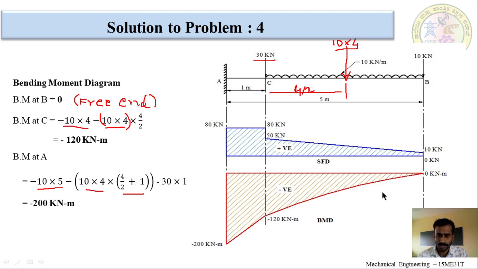So, first mark all the points, then join. As there is a UDL between B to C, it should be joined with a parabolic curve. It is a parabolic curve like this. Okay. So, you have to join it with a parabolic curve.